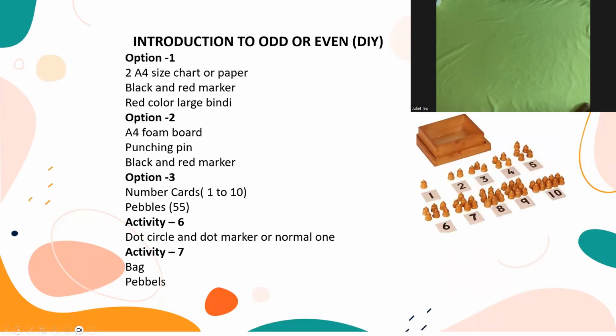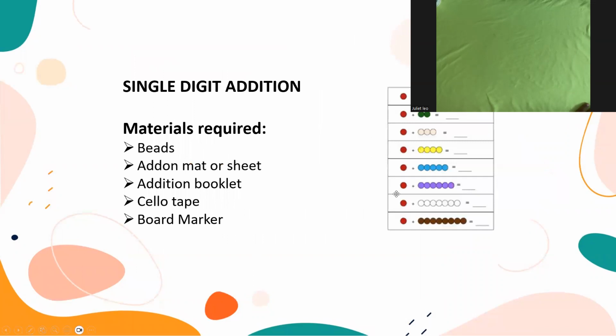Then I will move to the next one, that is single digit addition. In authentic Montessori schools, after the odd or even concept, they use the golden beads to introduce the decimal places.